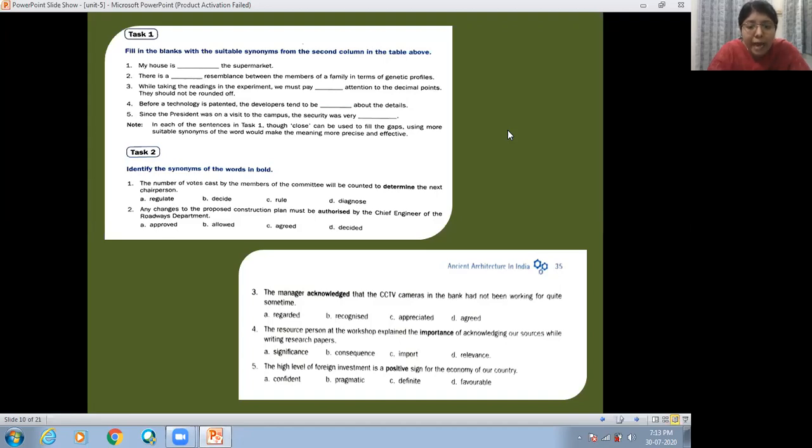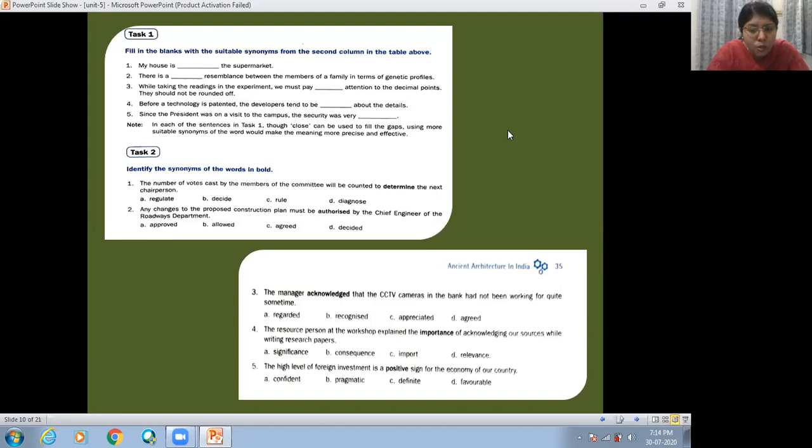Next, the manager acknowledged that the CCTV cameras in the bank had not been working for quite some time. Acknowledged means agreed here. Acknowledged means agreed that the CCTV cameras in the bank had not been working.